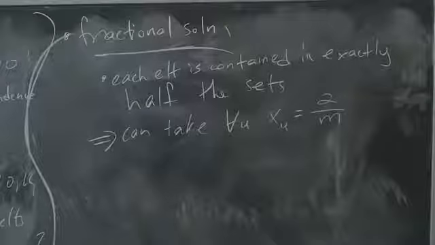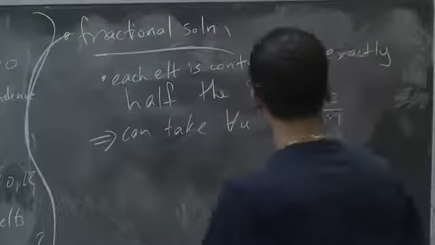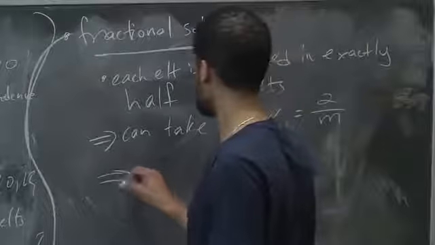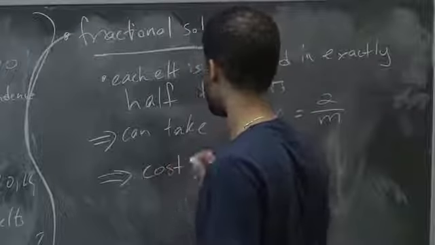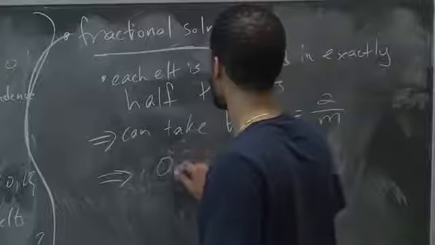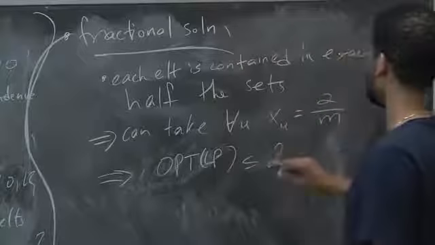And what's the cost of this solution? It's 2. This implies the opt of the LP is at most 2.